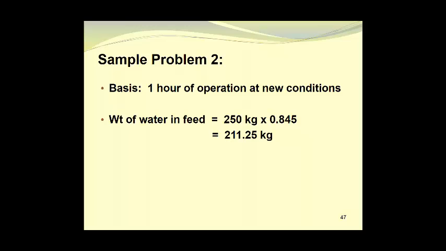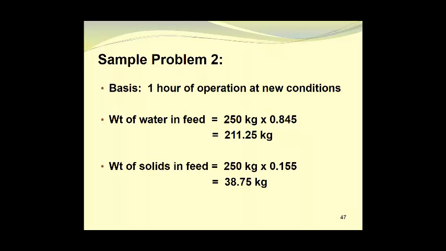So the weight of water in the feed will be equal to 250 kilograms of material times 84.5% as a decimal fraction, and that gives us 211.25 kilograms of water. The weight of solids in the feed will be equal to 250 kilograms times 15.5% as a decimal fraction, so we know that we have 38.7 kilograms of solids in the feed material.